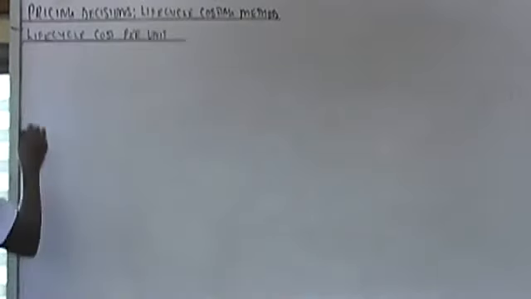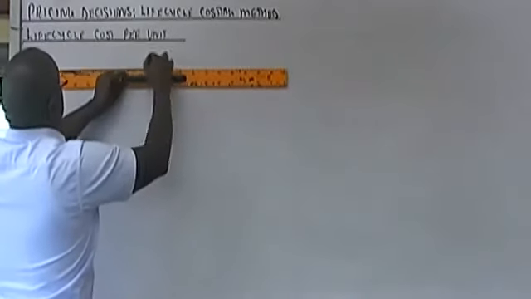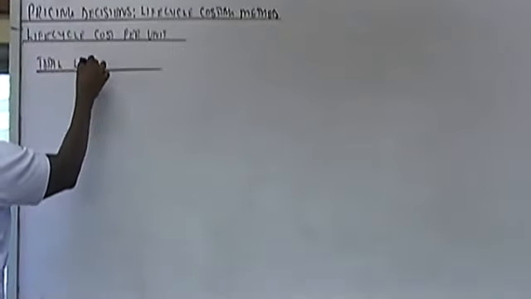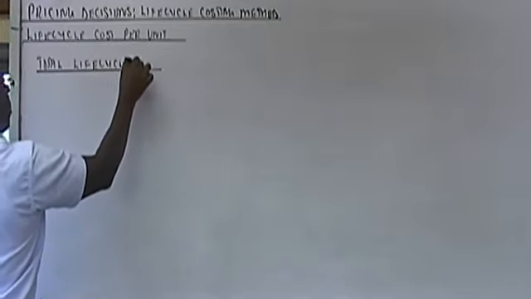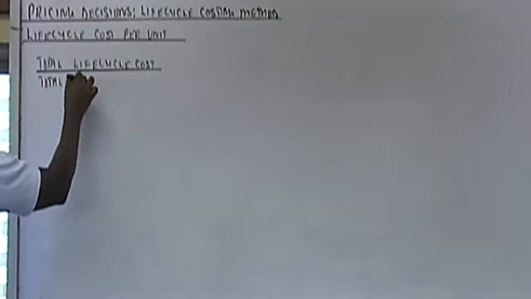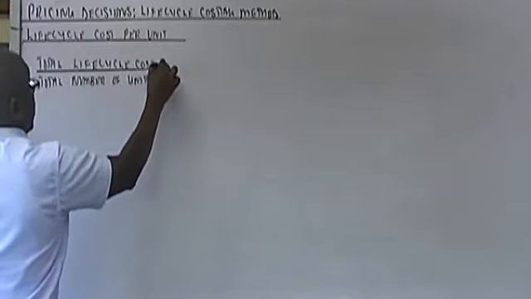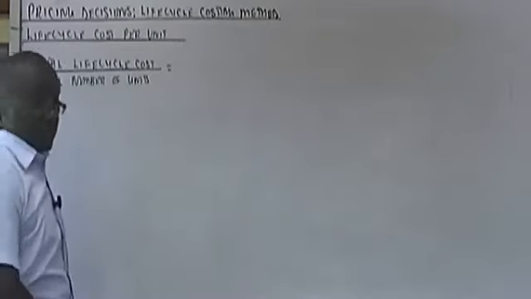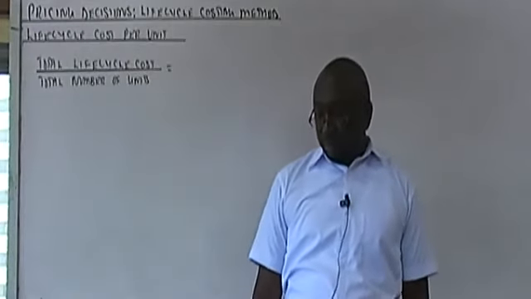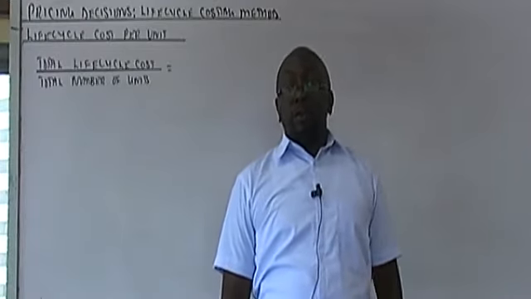Now this one we require that we get total life cycle costs, and we divide by the total number of units. So this is what we will do.